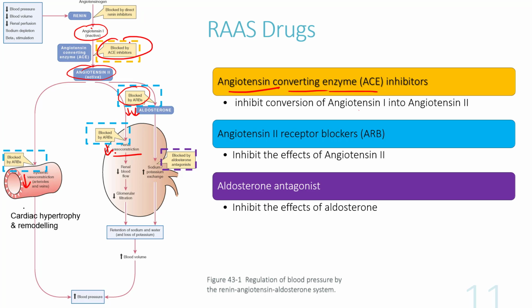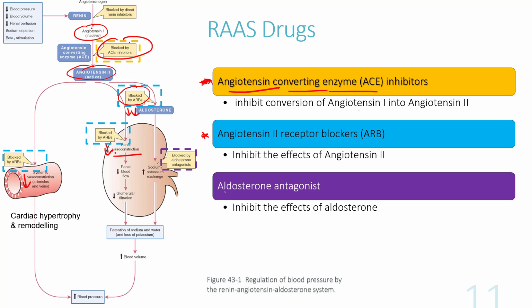We're going to go to the next slide to explain how blocking at the level of the ACE inhibitors or at the level of the angiotensin 2 receptor blockers are essentially the same thing except for one facet, and that's going to be the subject of the next slide.